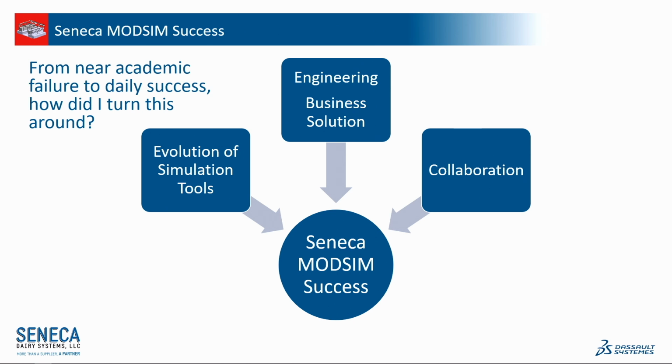And I think it really came down to three different areas that I want to talk about. And I think these three areas really contributed to the successful implementation of this process at Seneca.